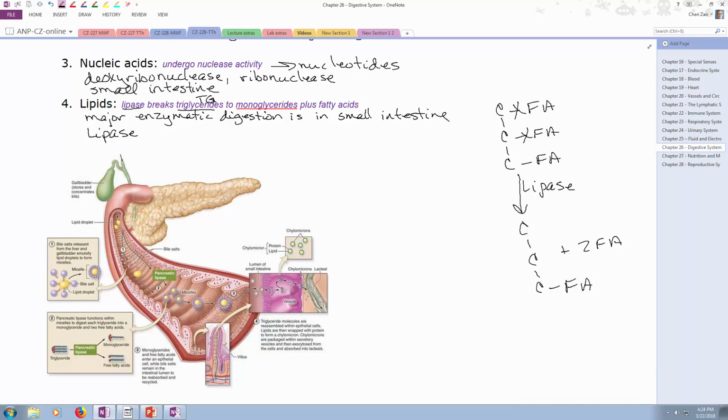And we still have to get this into our cells. And in order to do that, remember, we always pre-treat our lipids with bile, an emulsifier. So we must pre-treat with bile. And remember, it's the bile salts in bile that are the emulsifier.